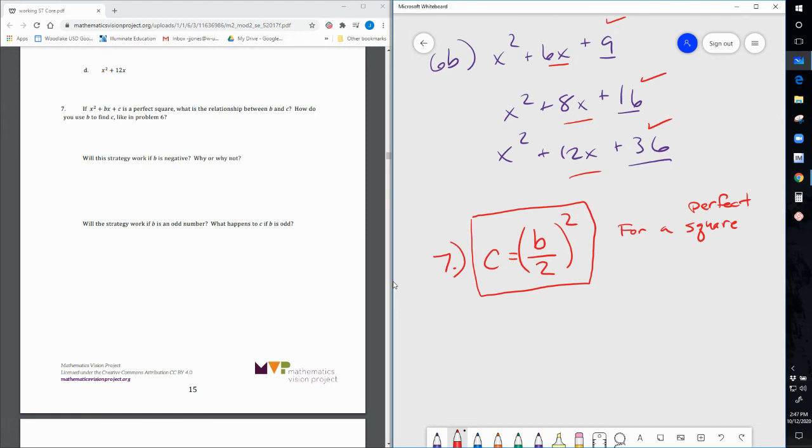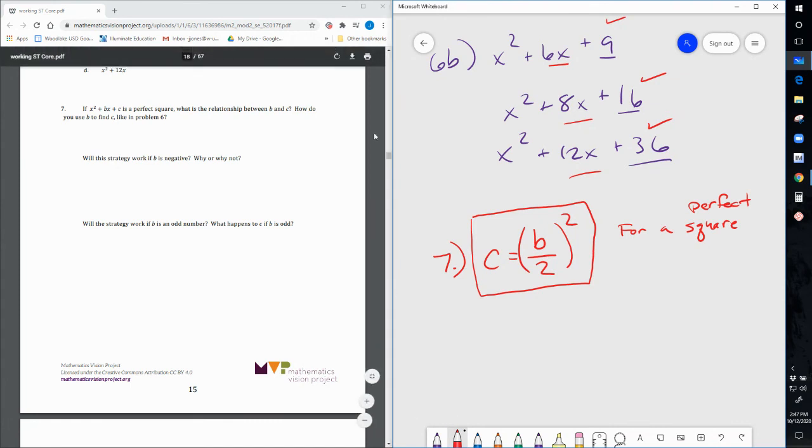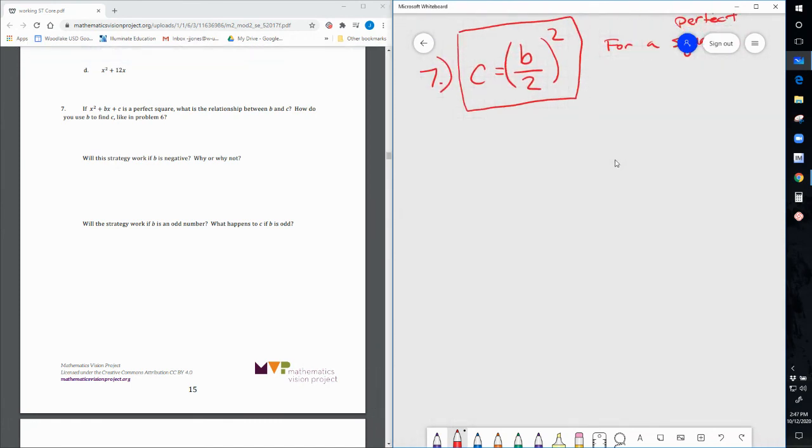And then it says, will this strategy work if b is negative? Why or why not? What I want you guys to do is test this out. If b is negative, let's try x squared minus 4x. What do you end up getting here? Well, c equals b divided by 2 squared. So in this case, b is negative 4. c equals negative 4 divided by 2 squared.